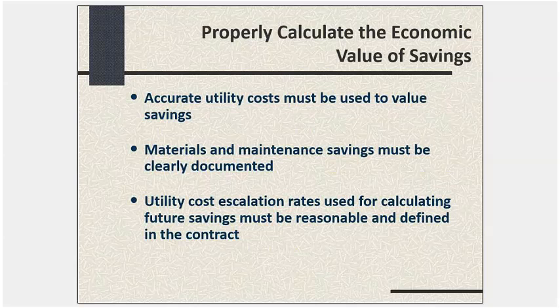Also, if you are claiming materials and maintenance savings, they should be clearly documented, and everyone should know how they're derived, how you figured out the baseline, and how you figured out the reduction from the baseline that avoided future material or maintenance costs. The best thing is to have these spelled out in the contract, which would be the norm in most every ESCO contract. It would spell out so that when you went back and valued savings, you were applying the right rates to the right types of utility consumption for the right sites.